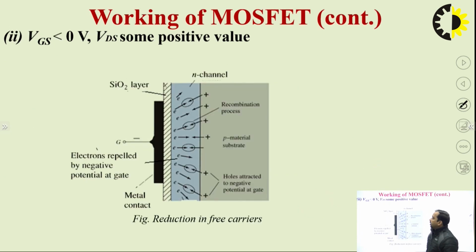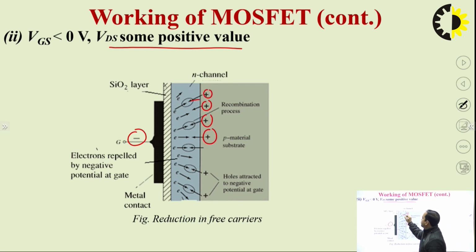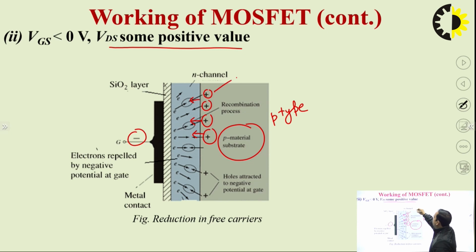In the next part, we'll make the gate to source voltage negative, and we'll fix VDS at some positive value. So what will happen? When the gate terminal is more negative, more holes are attracted towards the channel, because this substrate is p type and the majority charge carriers in p type are holes.